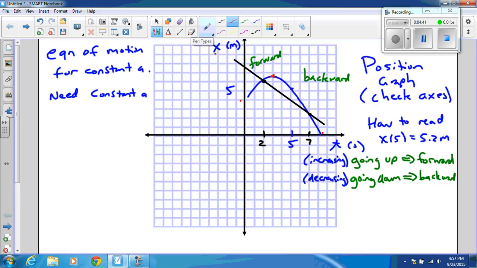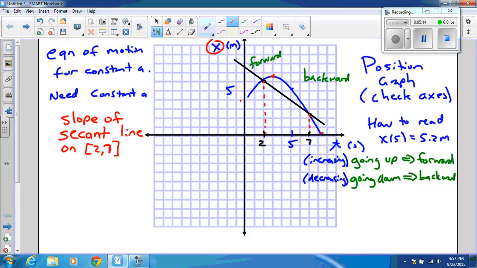And in fact, we call this line a secant line because it cuts through, the Latin word is sectare, to cut through. And it cuts through from t equals 2 to t equals 7, right here. And so we would say it is on the interval 2 to 7.